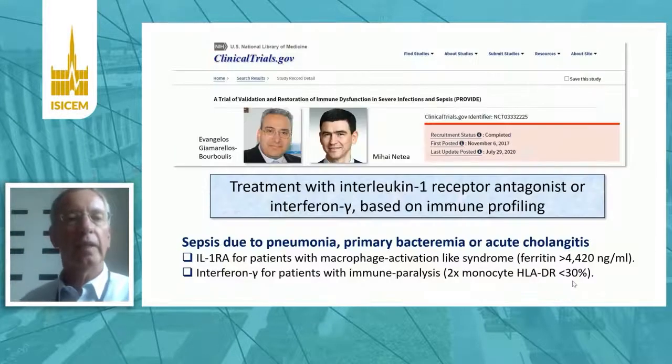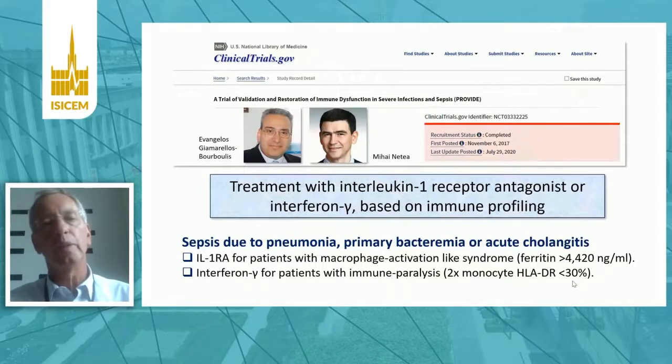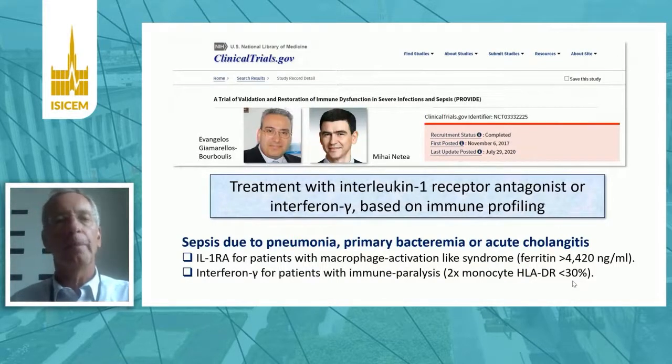And in fact, Evangelos Giamarellos-Bourboulis, together with Mihai Netea from Nijmegen, performed a so-called PROVIDE study, in which they stratified patients with sepsis for treatment with either interleukin-1 receptor antagonist or an immune stimulant, interferon gamma, based on ferritin level. So patients with a very high ferritin level, the cutoff that I've been talking about before, were stratified to interleukin-1 receptor antagonist. And we're awaiting the results of this trial that was recently completed.